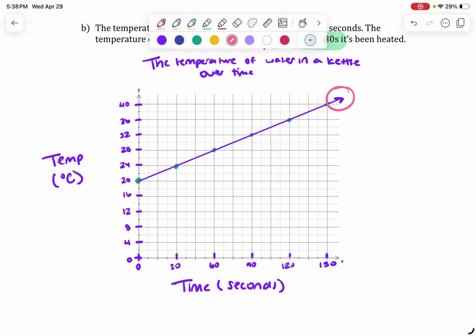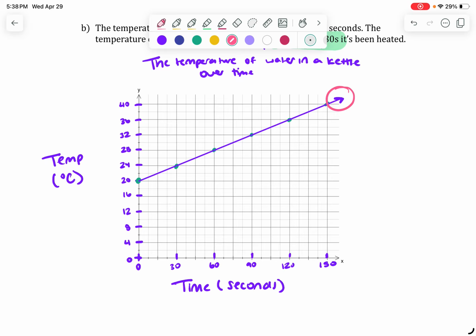I wouldn't say that the range starts at 20 and goes up forever, because once water reaches 100 degrees Celsius, it starts to boil. It becomes vapor. So I'm not going to have water at 300 degrees. I'm maybe going to have vapor at 300 degrees, but not water. Okay? So I'm drawing an arrow here because my graph would continue in that direction.